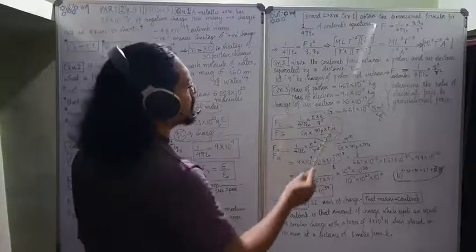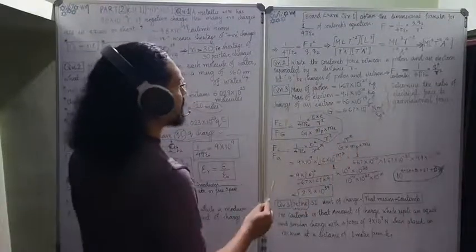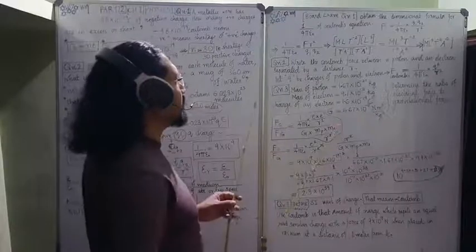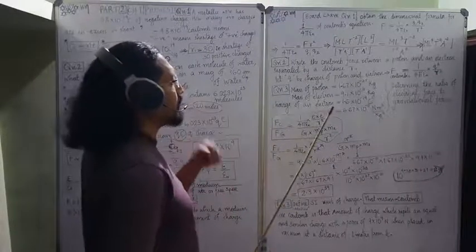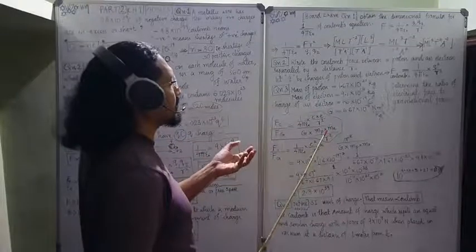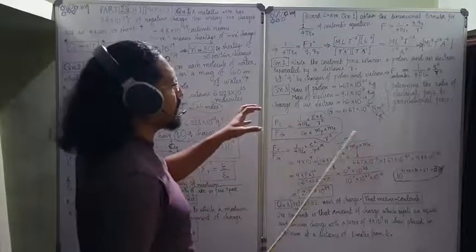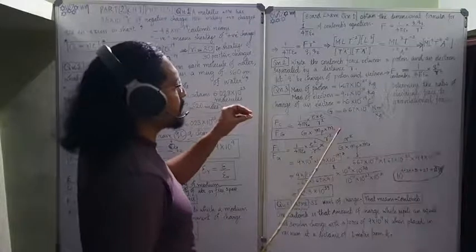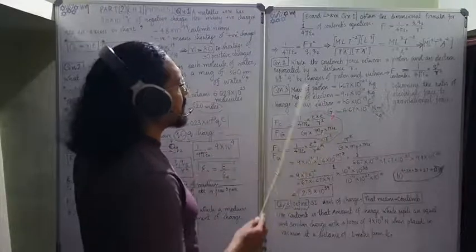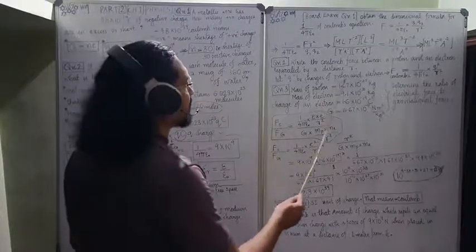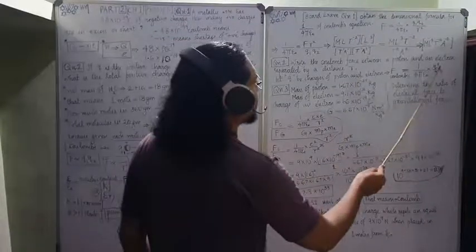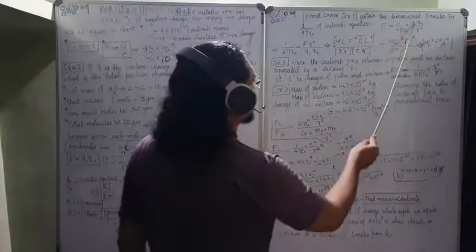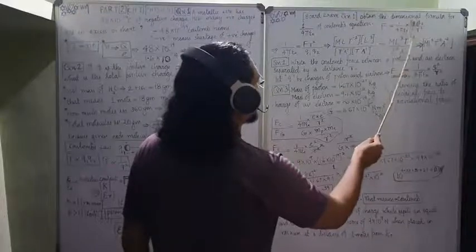Now write the Coulomb's force between a proton and an electron separated by a distance r. For writing that equation, we must name the quantities first, so that our examiner will understand and be convinced. Let Q be the charge of the proton and electron. Then Q into Q is Q square, since Q1 and Q2 are the same charges.